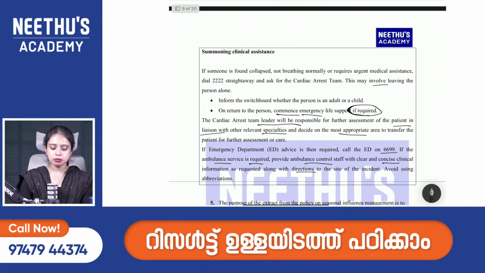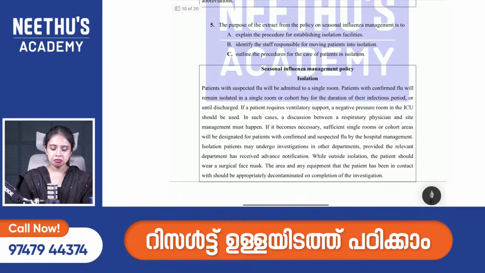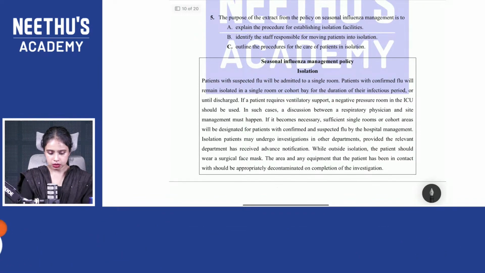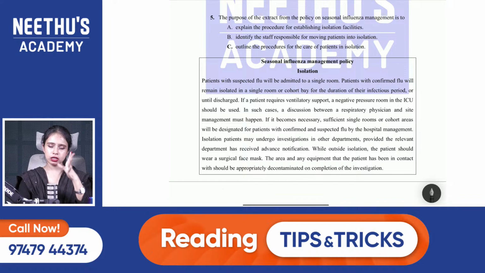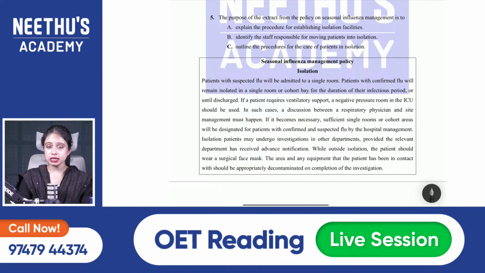Okay, so now I'm moving to the fifth question. The fifth question is all about the purpose of an extract from a policy. Again, it's a policy extract, and it's all about seasonal influenza management.